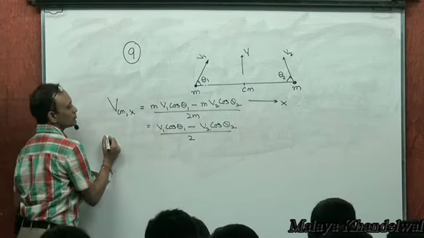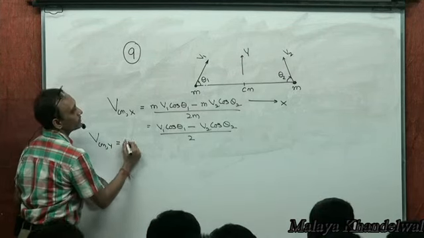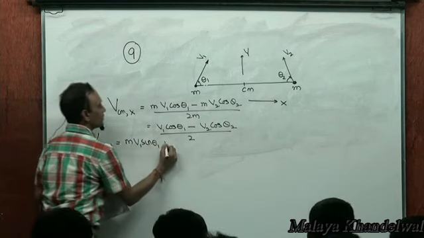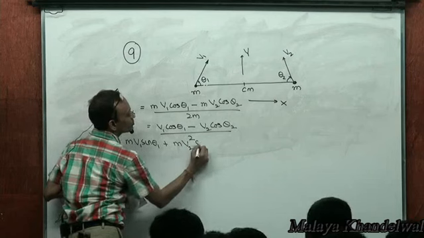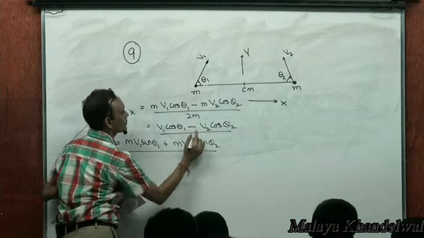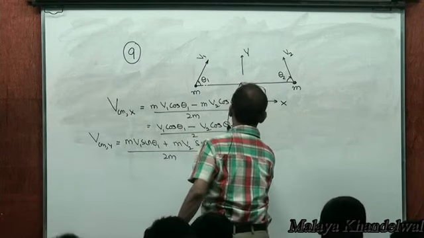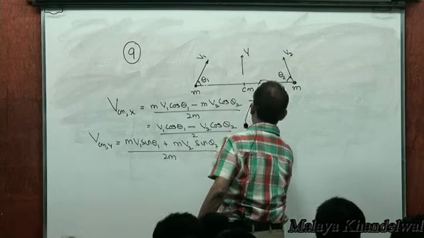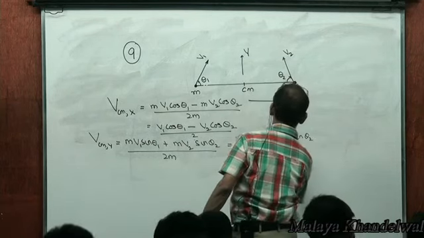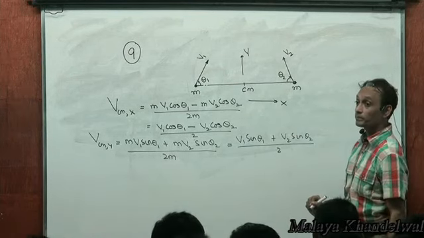The velocity of the center of mass in the y direction is going to be m into v1 sin theta 1 plus m into v2 sin theta 2 divided by m plus m, which is like v1 sin theta 1 plus v2 sin theta 2 divided by 2, right?